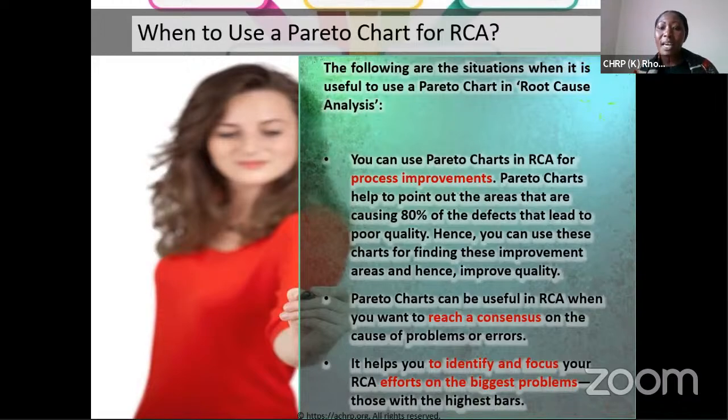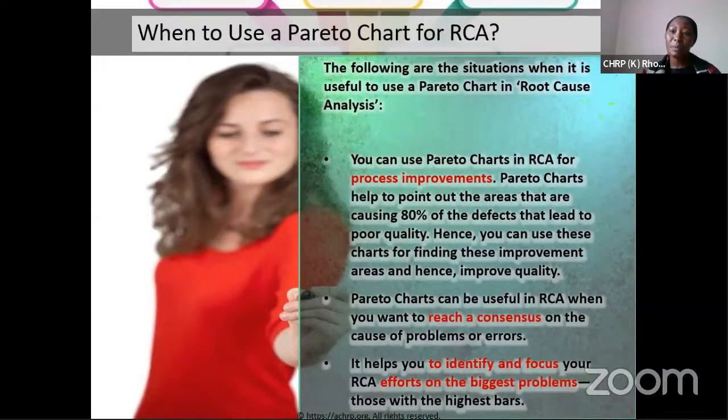Then we say Pareto charts can be useful in RCA when you want to reach a consensus. When you are a group of many teams and you have many errors, you don't know which one to focus on, and you're trying to build a consensus, then you use the Pareto. And then you can justify why we want to handle this first before the other.